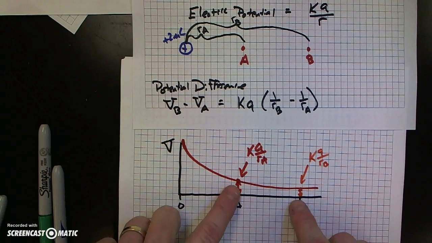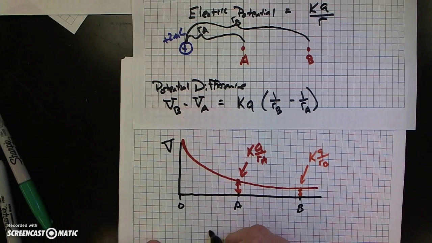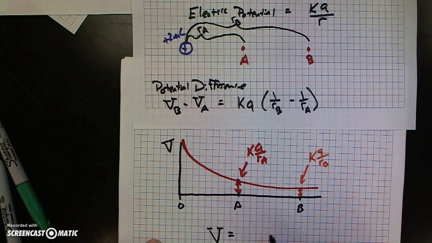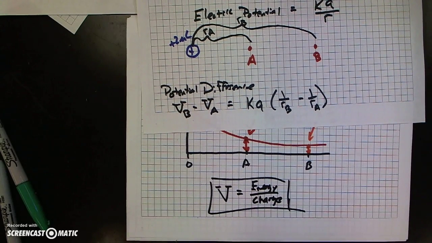That's the difference in potential. That would tell me how much energy per unit charge you get. So remember that the voltage, V, is the potential, which is the energy per charge. And this will carry you very far in the land of electrostatics. Thank you very much and have a good day.